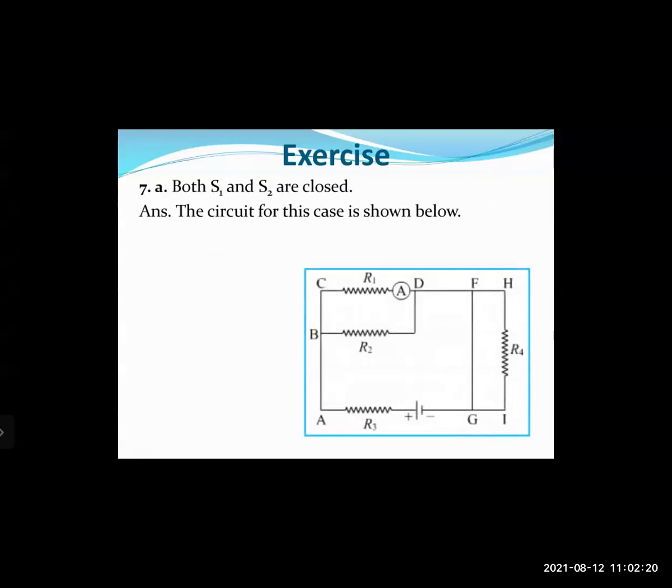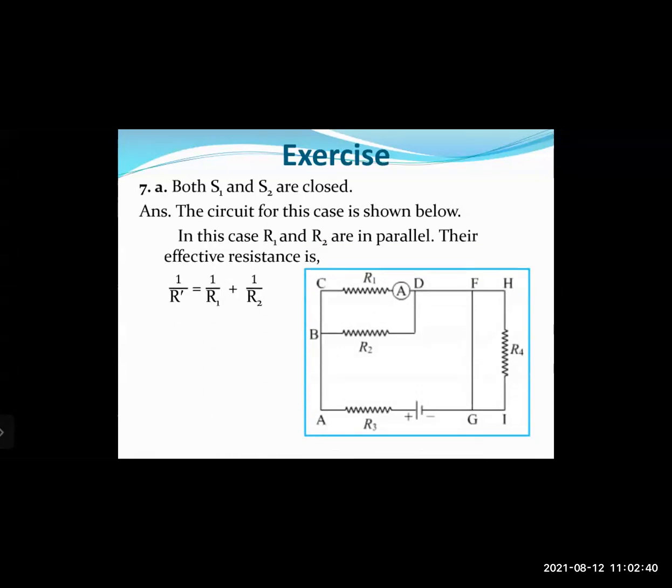If you remember, the switch S1 was between points D and E, and the switch S2 was between points F and G. In that case, you can see those are now shown by solid lines so that current can flow. Now in this case, resistors R1 and R2 are in parallel. Let us solve it one by one.